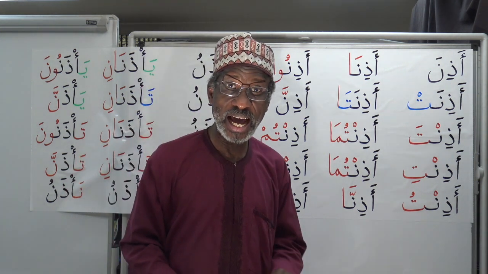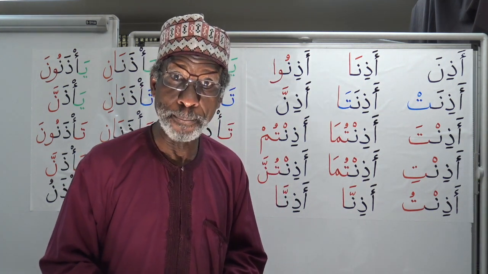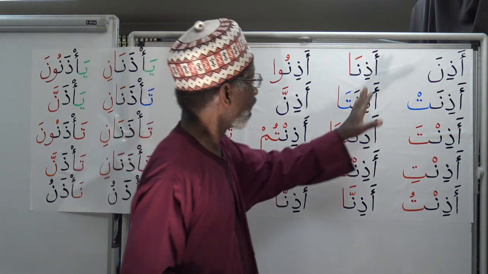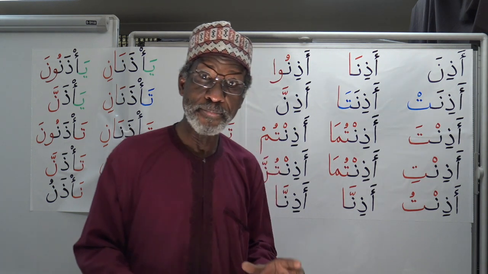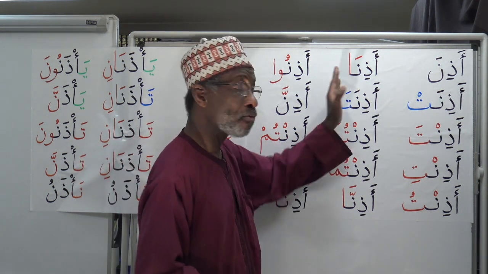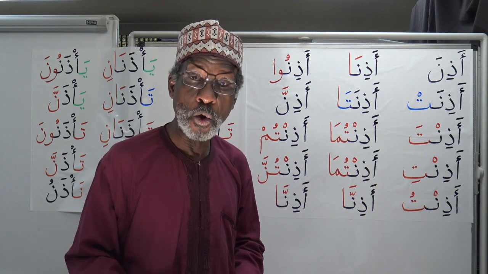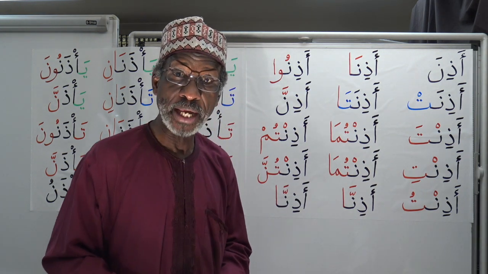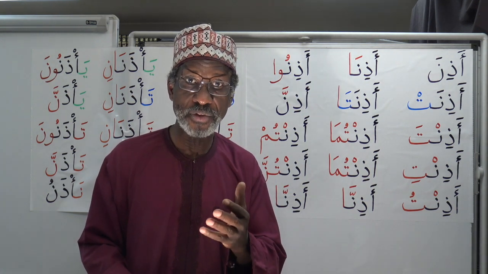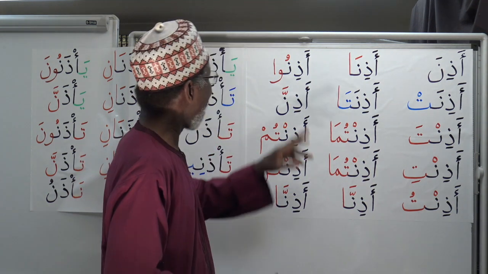It's exactly in line with our template. Adhina, he permitted, he allowed. Adhina, they, meaning 2 men, allowed. We use the alif of ithnain, the alif of the dual, to indicate that we are speaking about 2 people and they are masculine.